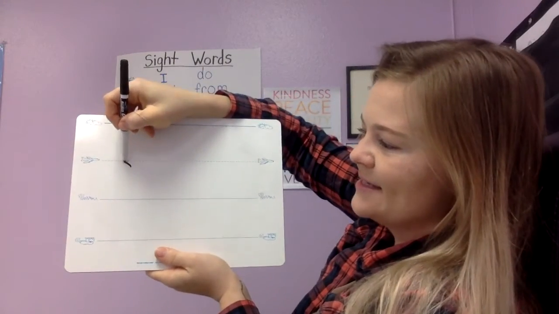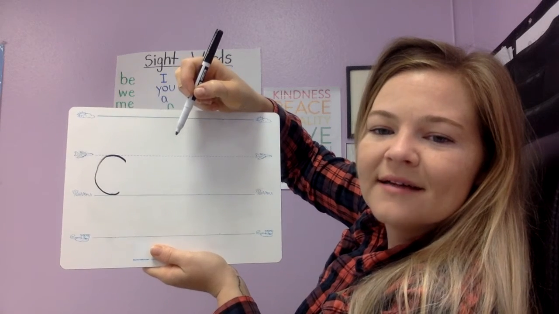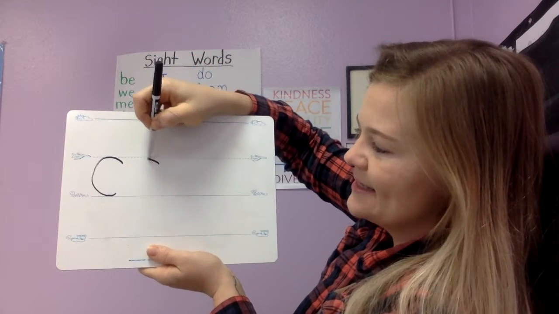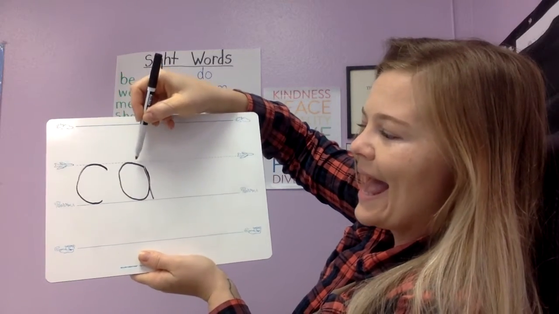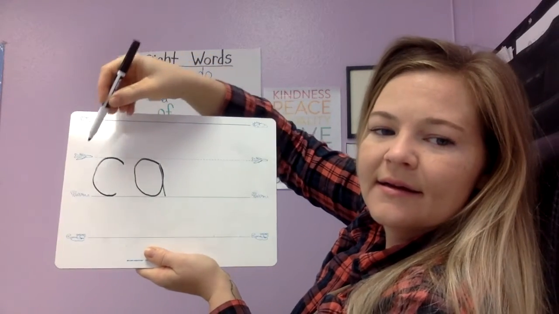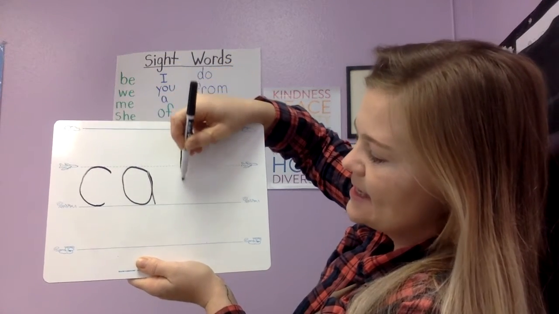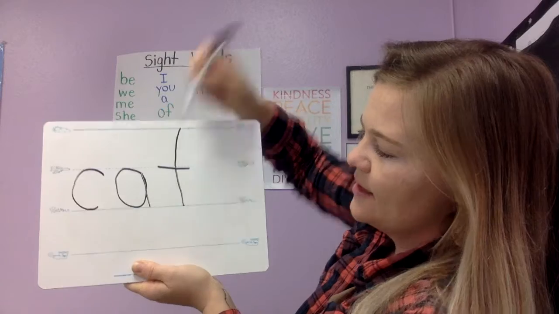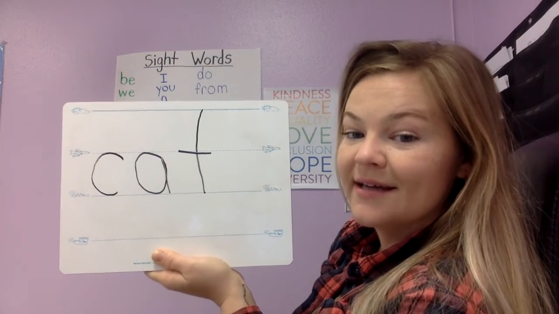Cat. That's a C, the k. That's an A. Cat. That's a T at the end, the t sound at the end. All right, we spelled a word that starts with a C, cat.